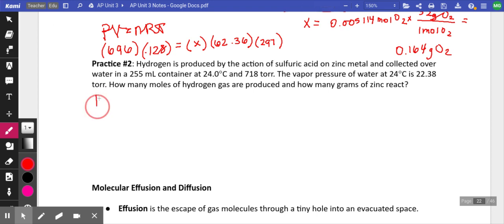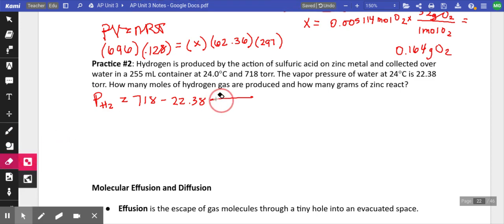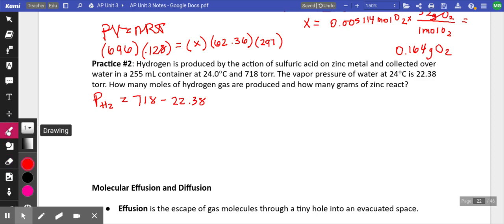So the partial pressure of my hydrogen gas is going to be equal to that total pressure minus the pressure caused by the water vapor. That's going to give me this partial pressure for hydrogen gas, and that's going to be equal to 696 torr.